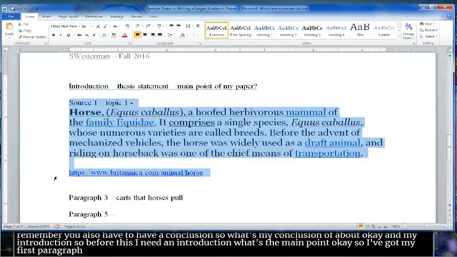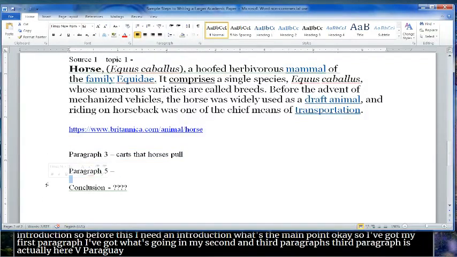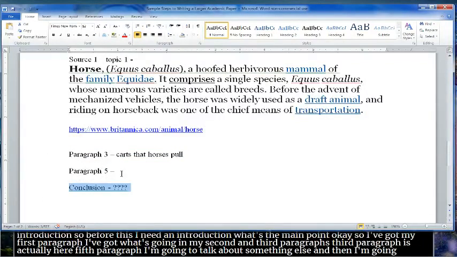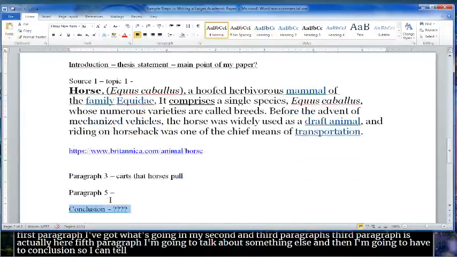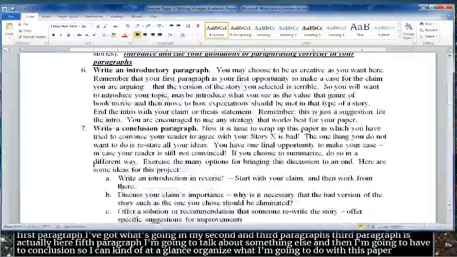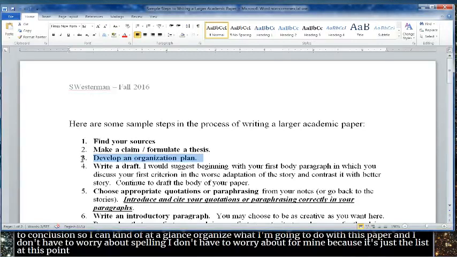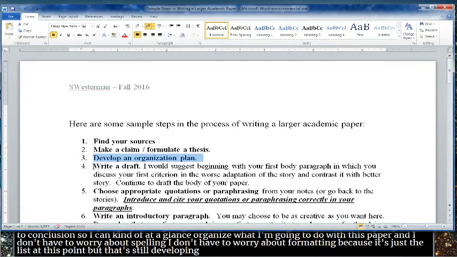I've got what's going in my second and third paragraphs. Oh, third paragraph is actually here. Fifth paragraph, I'm going to talk about something else, and then I'm going to have a conclusion. So I can, at a glance, organize what I'm going to do with this paper. And I don't have to worry about spelling. I don't have to worry about formatting because it's just a list at this point. But that's developing an organization plan.